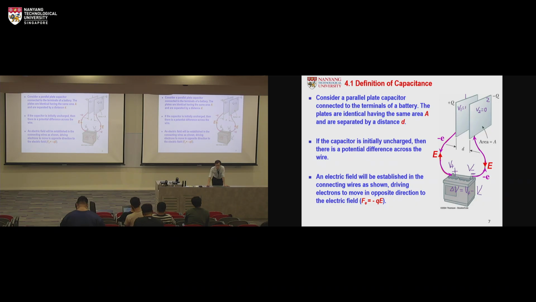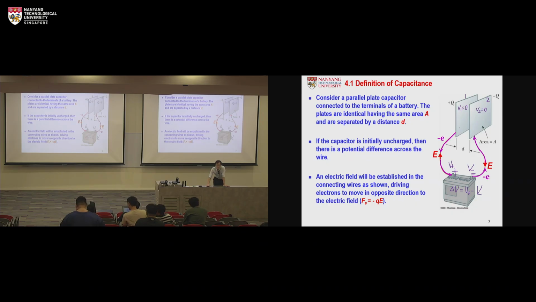There's nothing. There's no charge. And now you are connecting this metal plate to the positive side of the battery, of course through a wire. It must be a metallic wire, otherwise of course you cannot charge it.